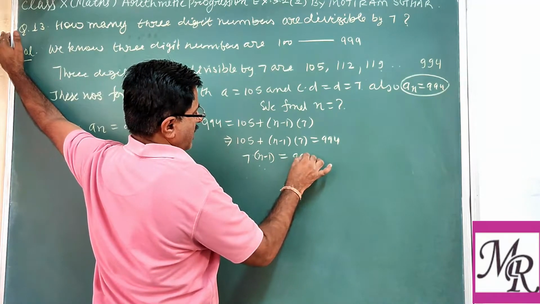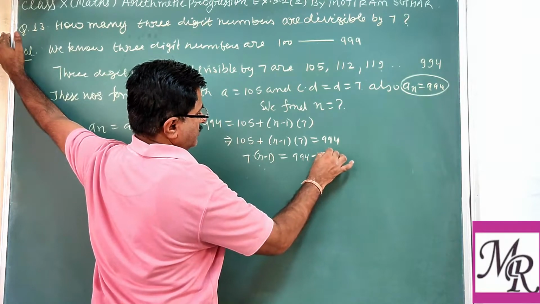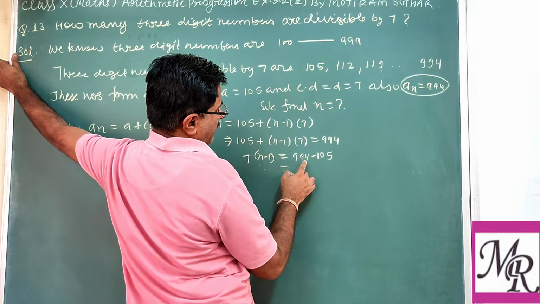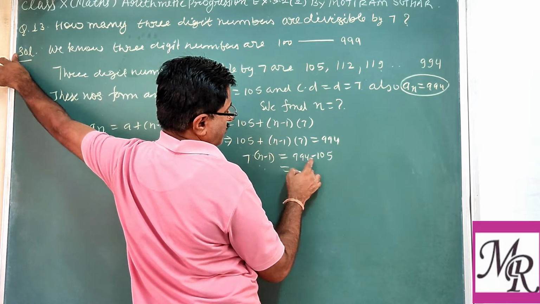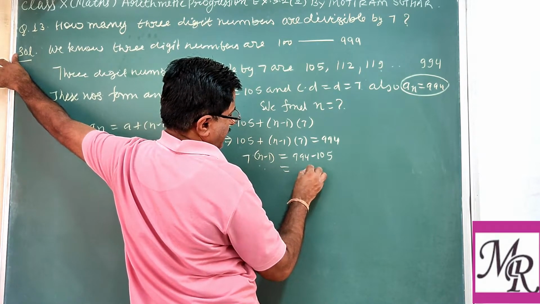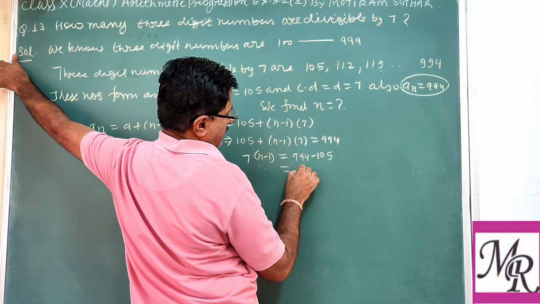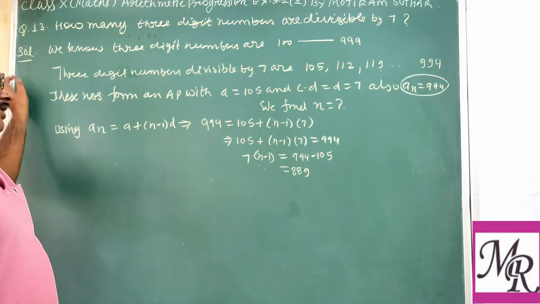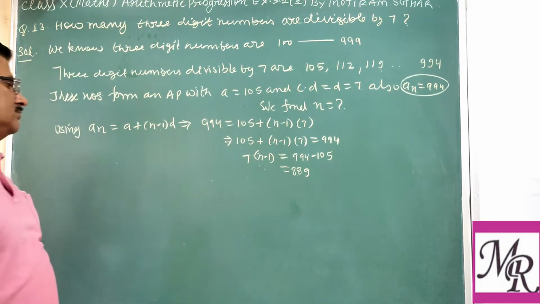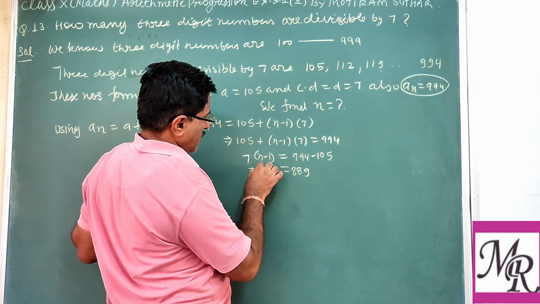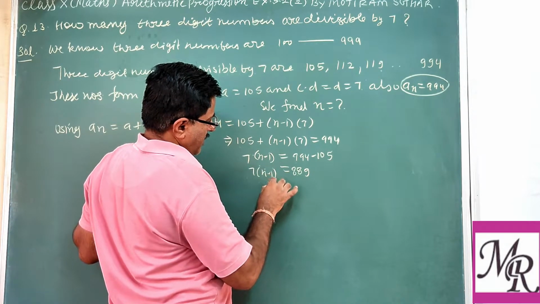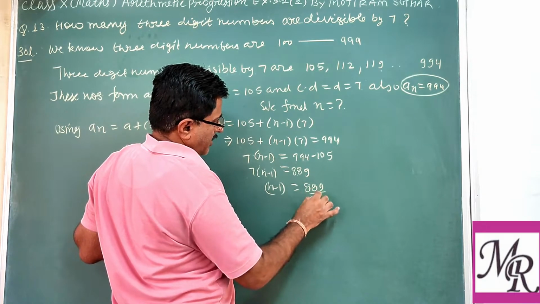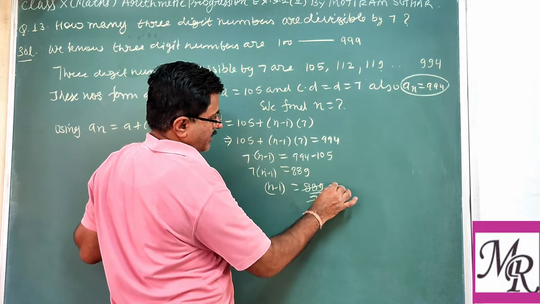So 994 minus 105. That is 889, the value of this. So n minus 1 will be 889 divided by 7.